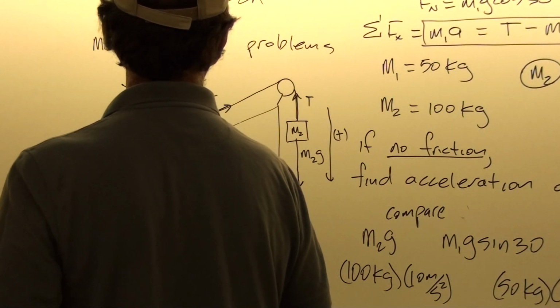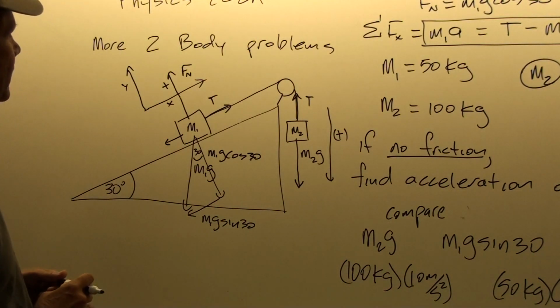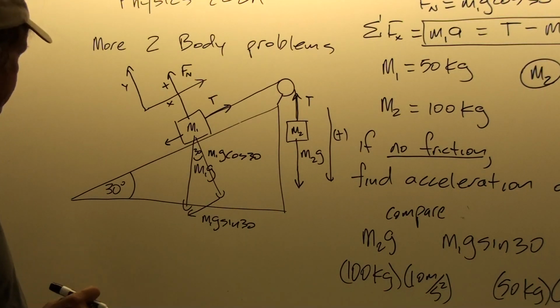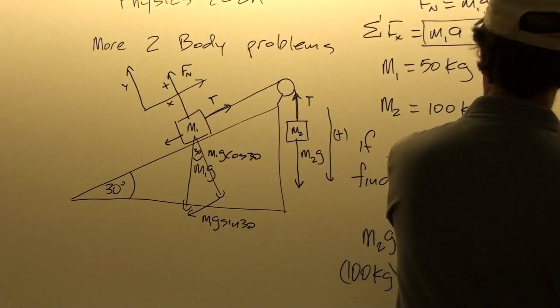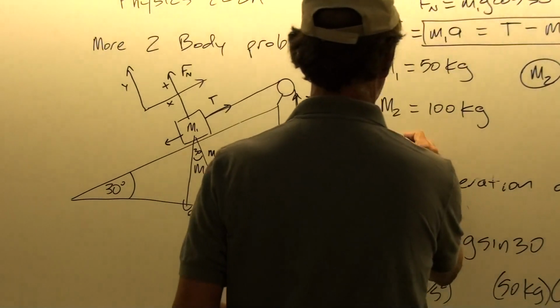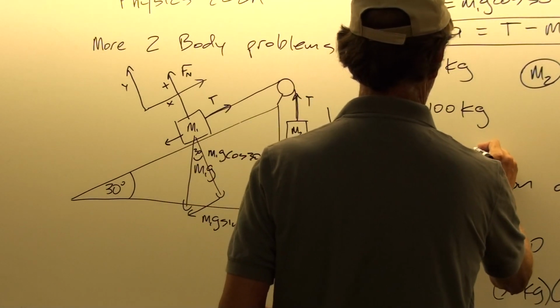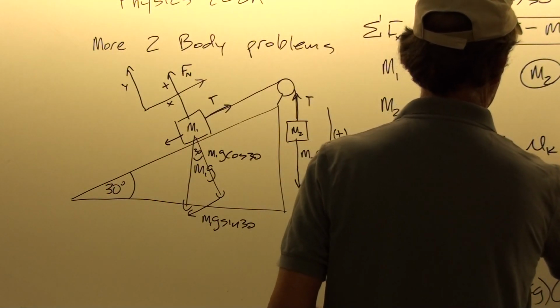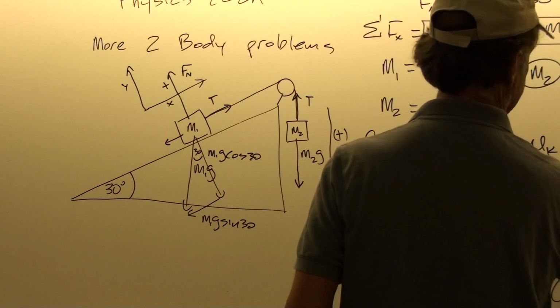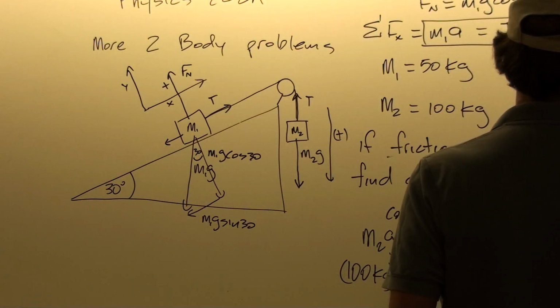Okay, and so let's put a coefficient of kinetic friction onto this. And let's say that our friction coefficient now, mu k, is equal to, well, let's make it 0.2.